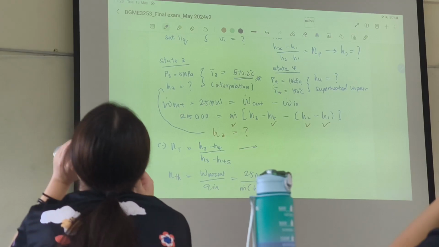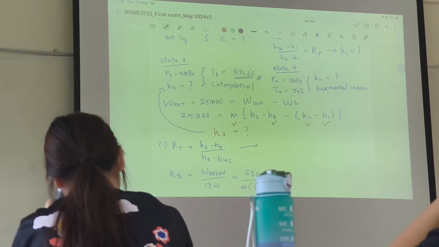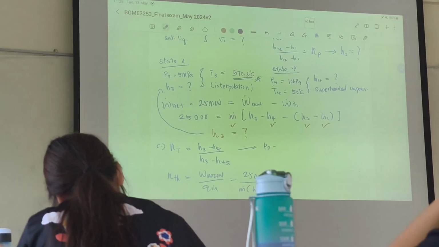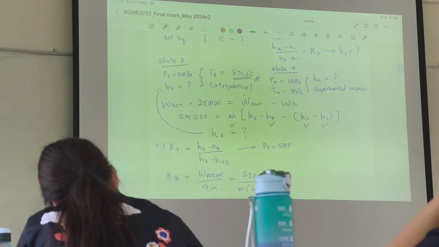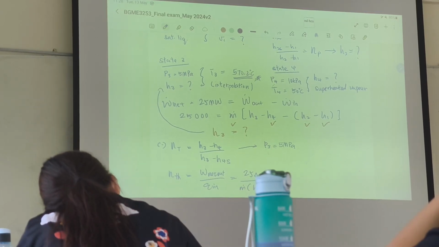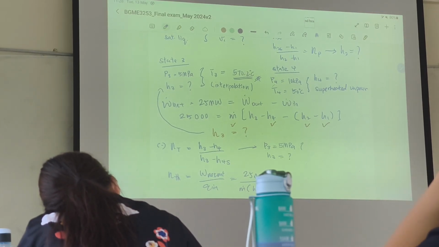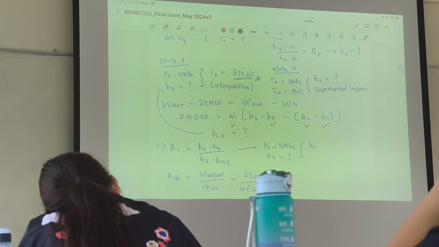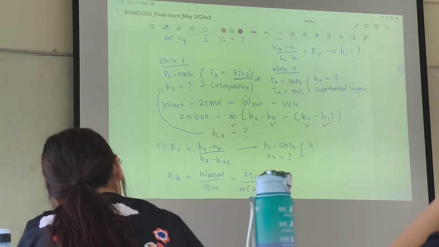So for this, you need to find H4S. So for H4S, we say P3 equals 5 megapascal. H3, we have this, right? So once again, you need another interpolation to find S3.